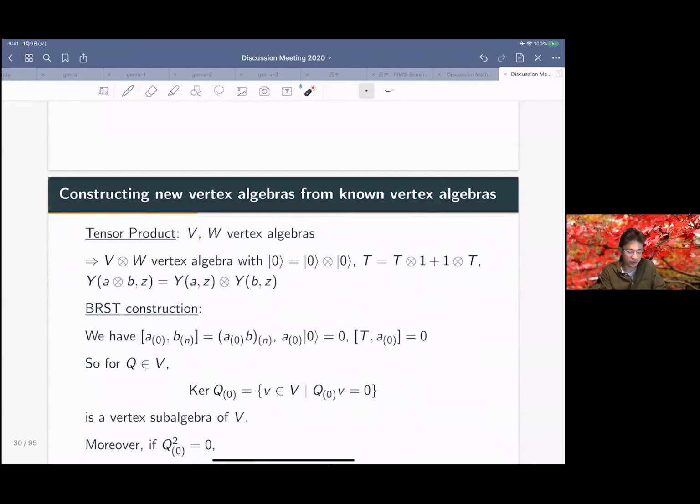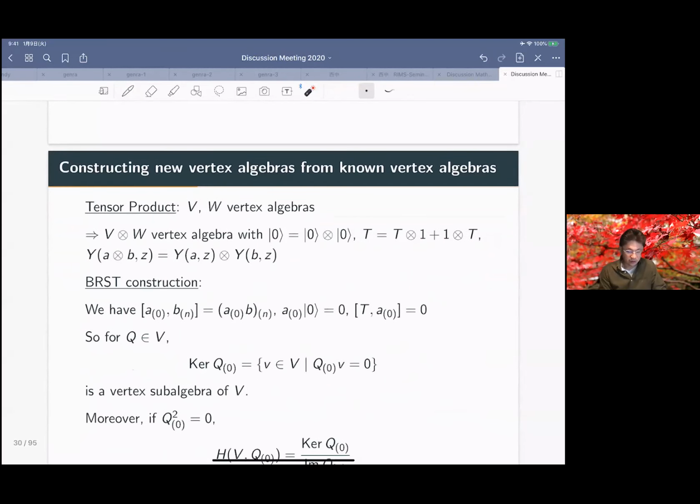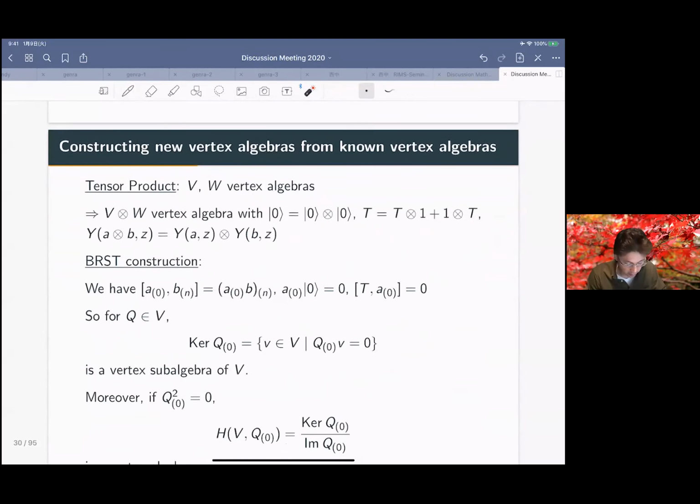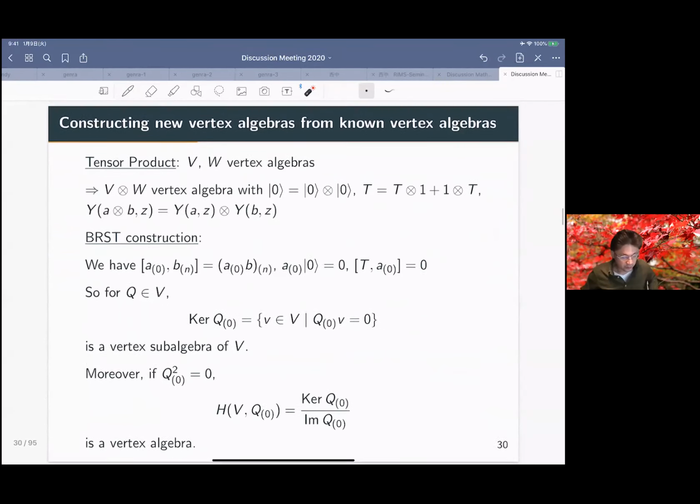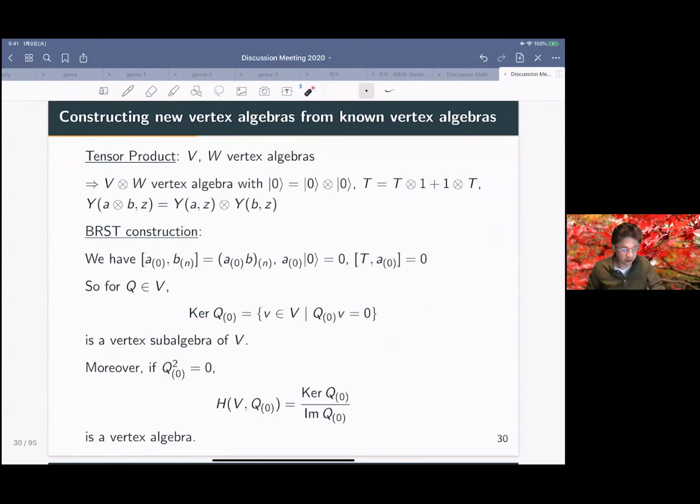The field corresponding to A tensor B is just the product of Y(A,z) and Y(B,z). And there's a little bit more non-trivial construction, which is called the BRST construction. If you remember Borcherds' identity, the commutation relation for the zero mode becomes very simple.